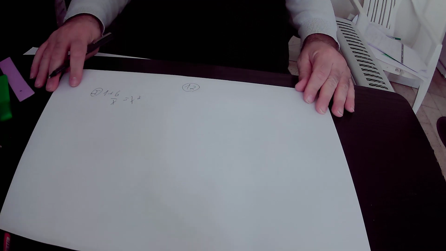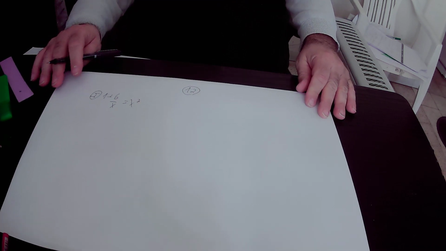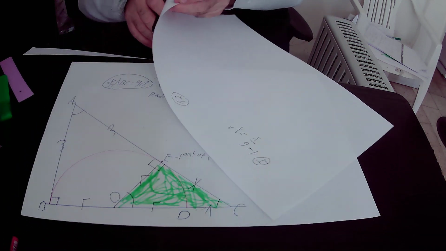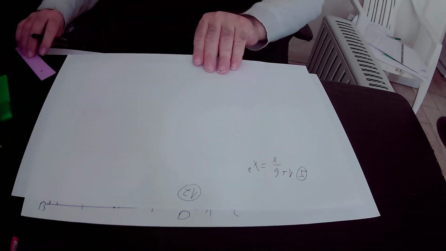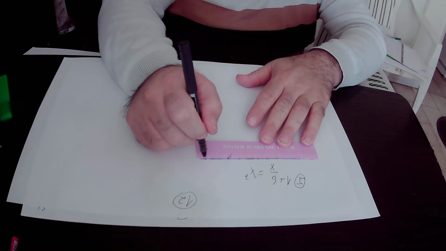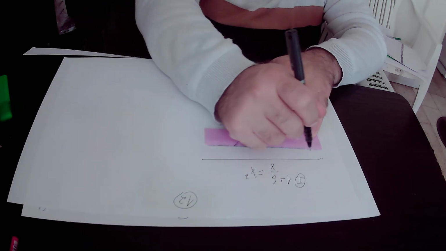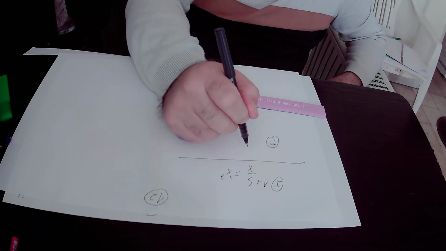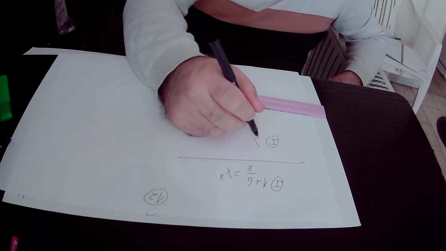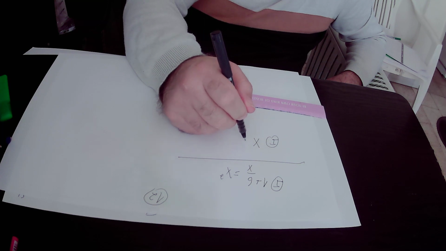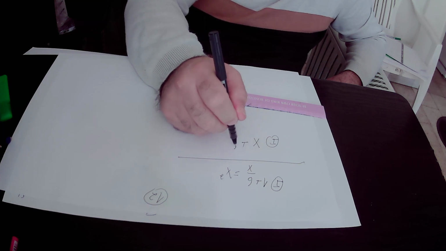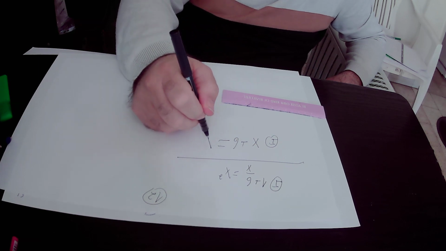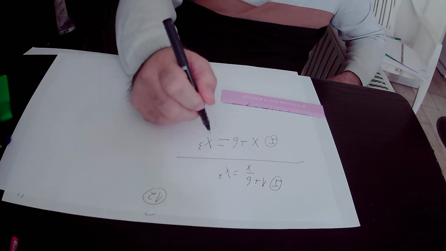Here we will multiply equation number 1 by x, and we will get: 1 times x is x, 6 over x times x is 6, x squared times x is x cubed.